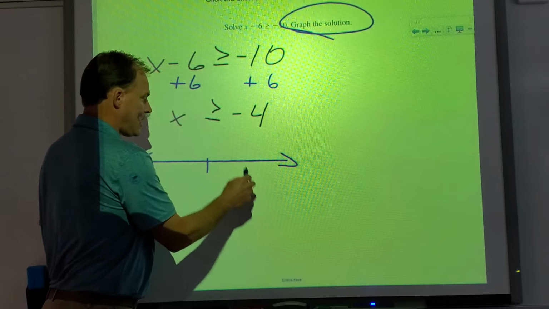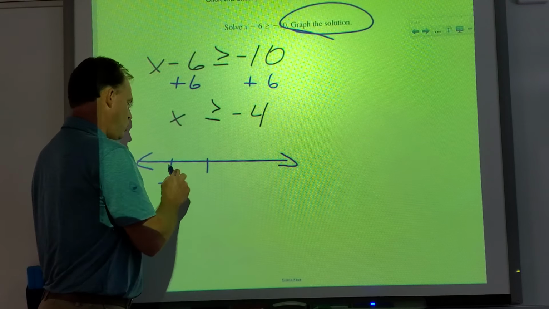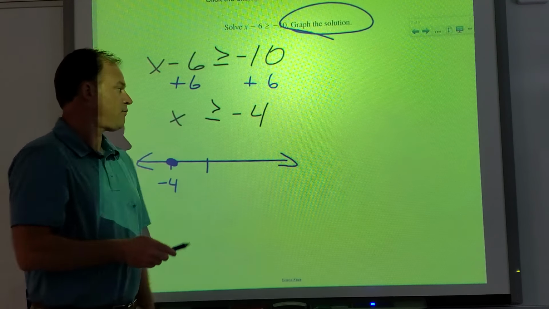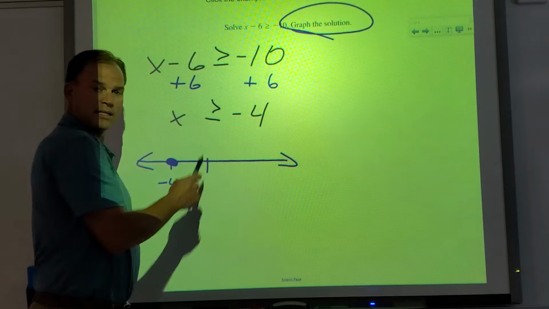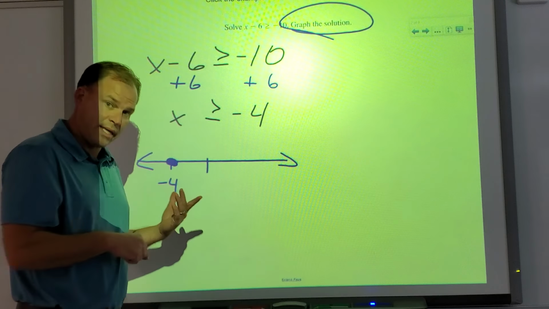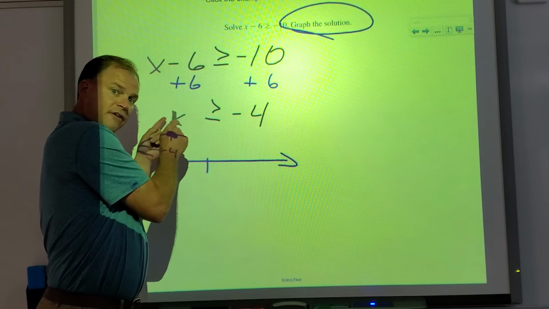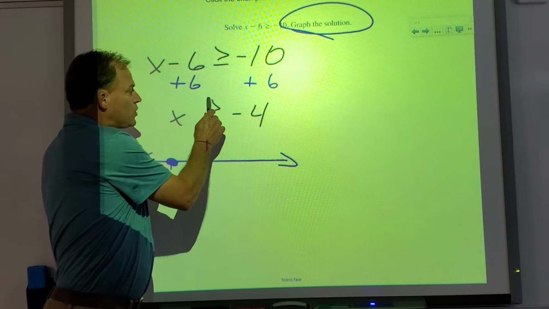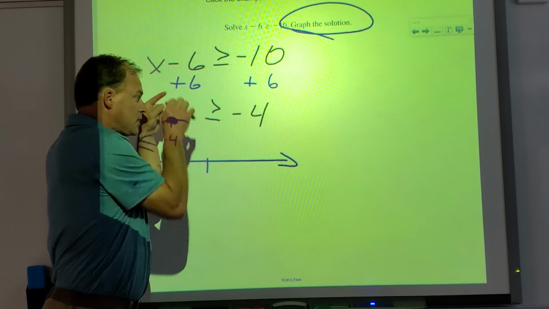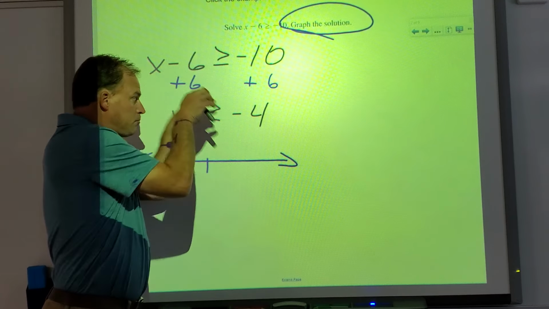Well, this underline here tells me that I have a closed circle on negative 4. Which direction is this going? Again, we talked about this in 2.1. If the variable is on the left-hand side, whichever way this is pointing like an arrow, point that way, shade that way. There you go. That's how it goes.